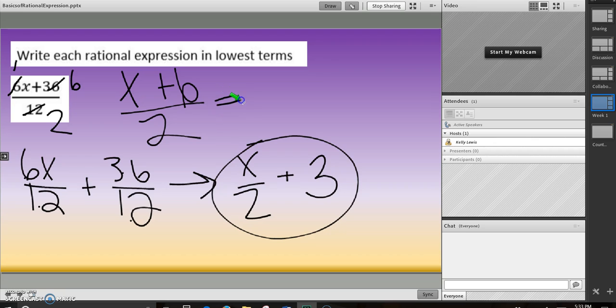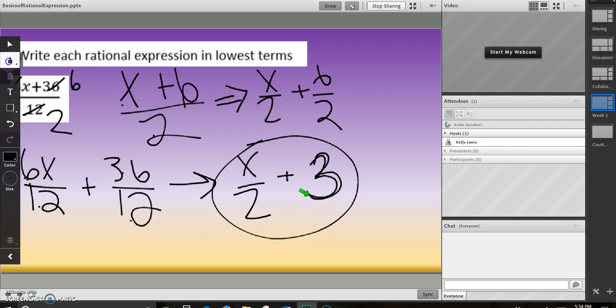Watch: if I split x plus 6 over 2, that's x over 2 plus 6 over 2. x over 2 can't reduce, but 6 over 2 can, and it reduces to 3. I don't care which method you choose. Those are essentially the same thing. It's like me wearing my summer clothes versus my fall clothes on the same body.